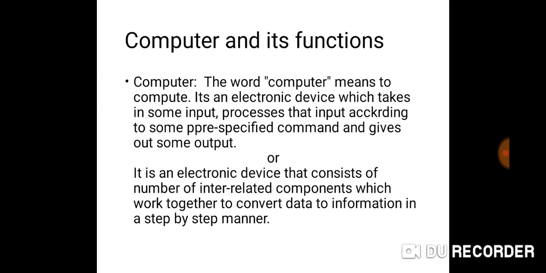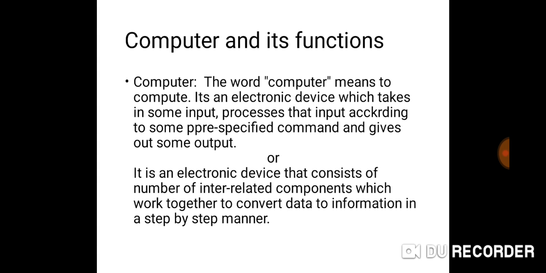Dear students, it is an electronic device, which means it operates on electricity. It takes data and instructions as input. That means data and instructions are fed into the computer system, and this data and these instructions are processed under specific instructions.